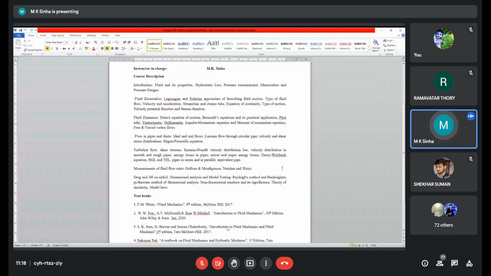Second one, the stream function and potential. All these are big chapters having details. Second one, Bernoulli equation, Venturi meter, orifice meter. So one question is generalized, another one from the measuring devices: pitot tube, Venturi meter, orifice meter, which I have also discussed in the class. Am I right?